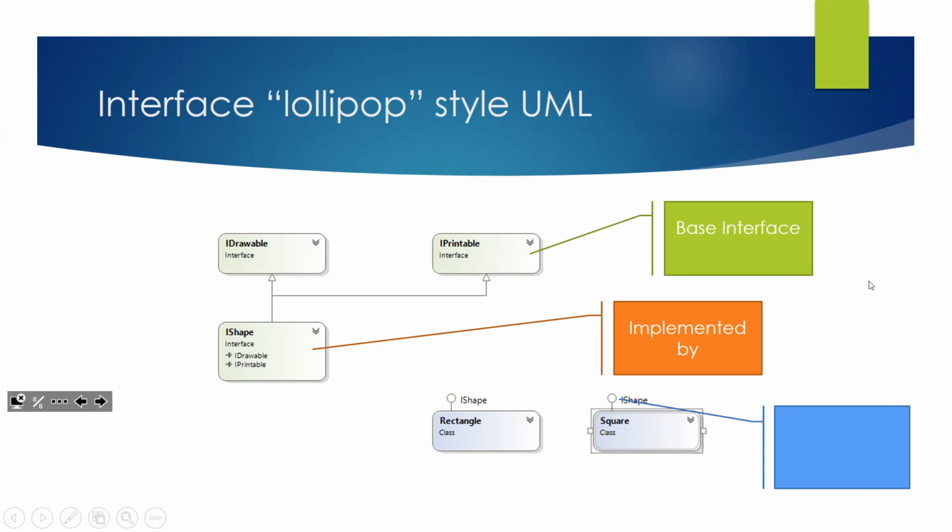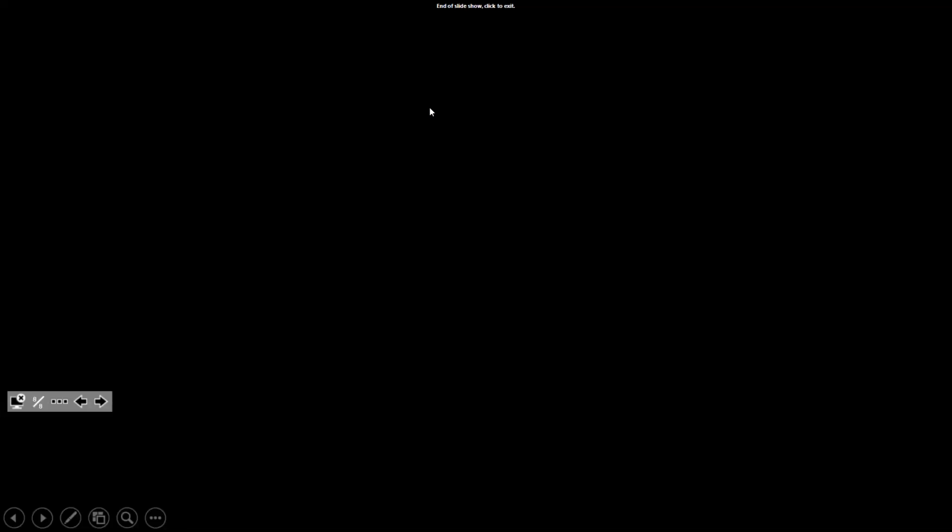And then our rectangle and our square object implement that iShape interface. So this is how that looks on a UML diagram. We see that little circle to show that we implement that interface in our class. So it shouldn't be a huge effort. Now, whenever you guys are creating this last thing, your tester, that should be it.